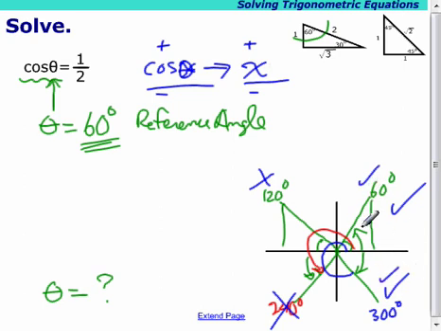Therefore, those two angles formed from the reference angles will be my solutions. So 60 degrees is my reference angle, and indeed it turns out to be part of my solution. So my solution will be 60 degrees and 300 degrees. So if I plug either of those in, I'll get a ratio of 1/2, or 0.5.